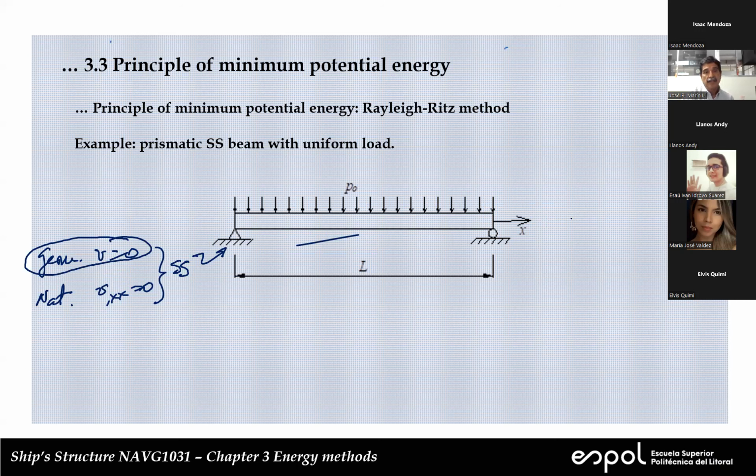Similarly, on the other end, we have v equal to 0 and v,xx equal to 0. This is geometric, and this is natural. So this is the condition that we have to satisfy: we have to propose functions that are equal to 0 at x equal to 0 and at x equal to L.